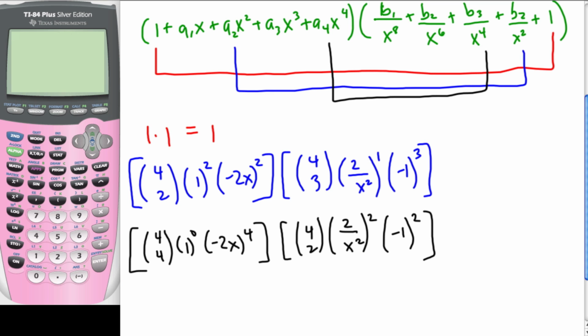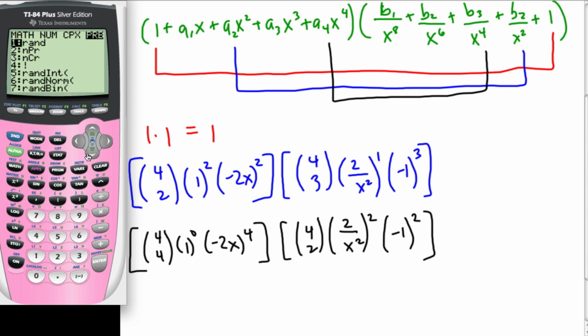So we'll go over to our calculator. 4 choose 2 times 1, and that's negative 2 squared, so that's times 4, equals 24.